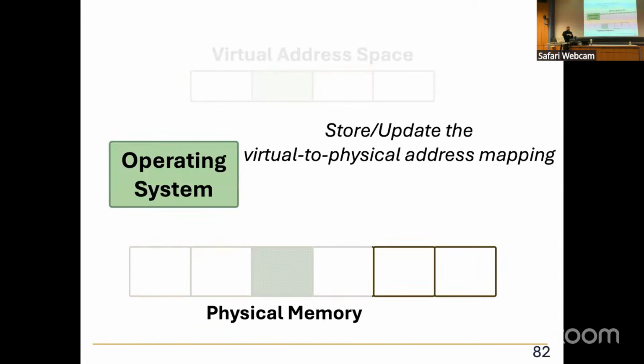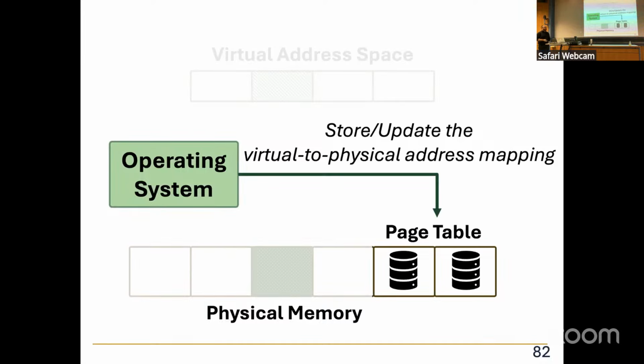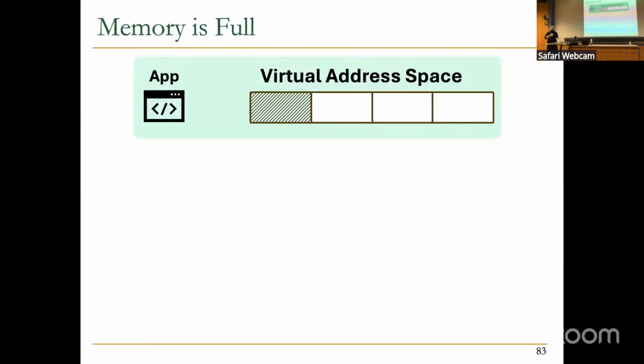So when the operating system handles the page fault, what does it need to do? It needs to store and update the virtual to physical address mapping. How? By updating the page table which resides in the physical memory. What happens in a scenario where I would need, for example, to bring my data from the disk, but the memory is full?